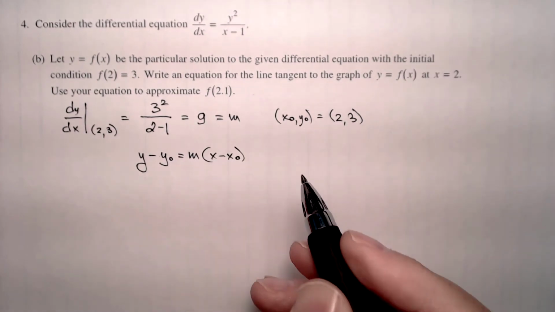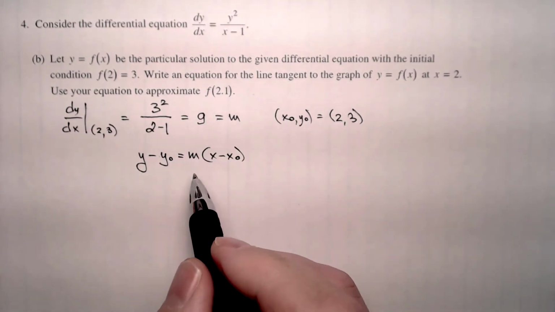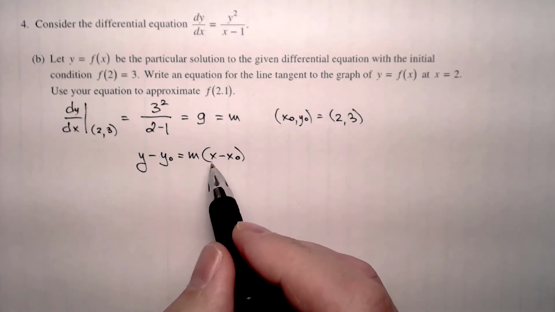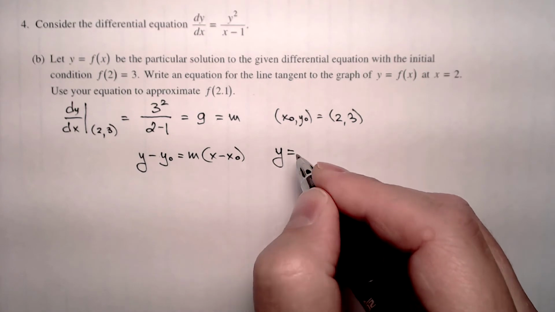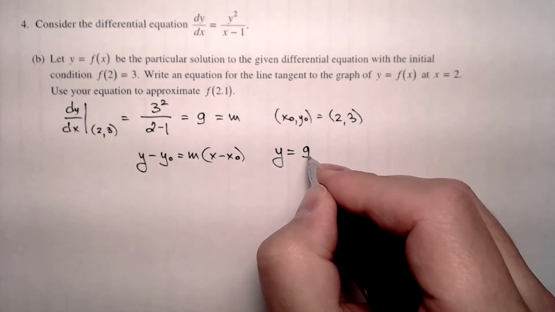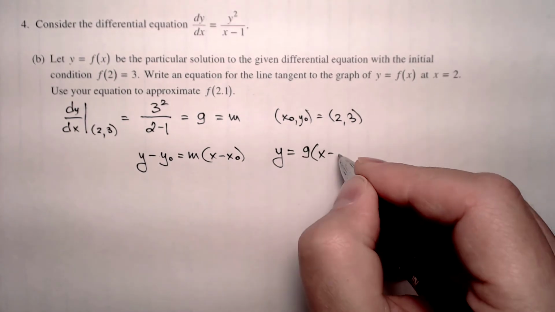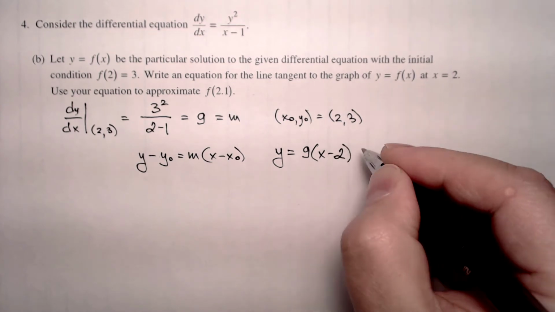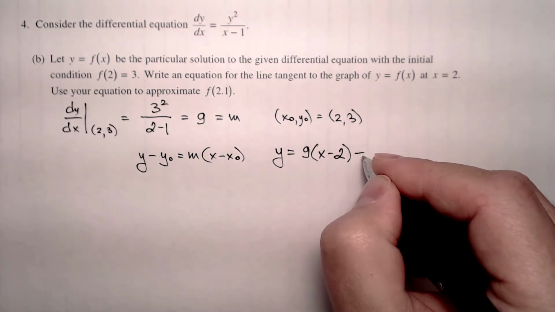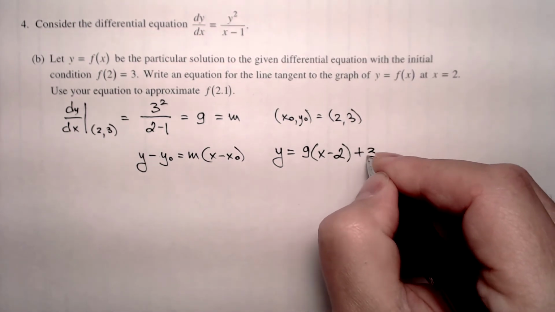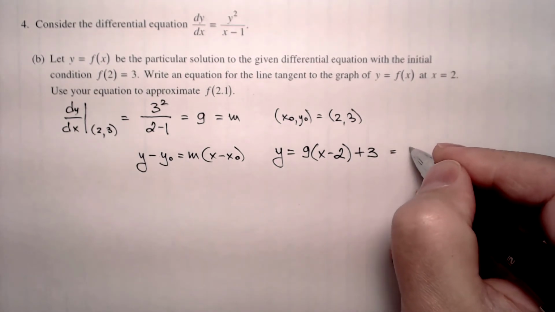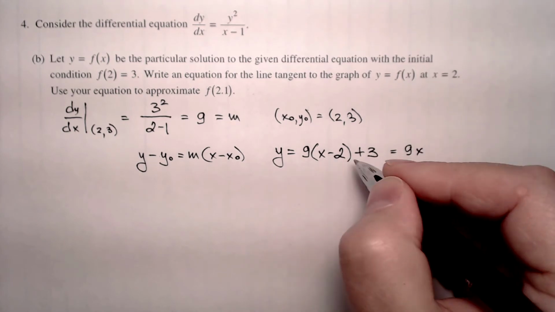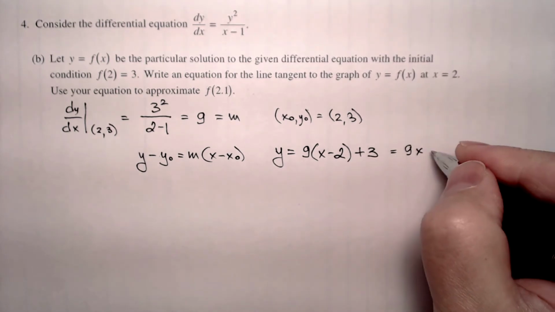That is the equation for the line with the slope m that goes through the point x0, y0. So y is equal to m, which is 9, times x minus 2, plus y0, which is 3. So this is the equation, or in other words, we can rewrite it as 9x minus 18 plus 3, which is 9x minus 15.